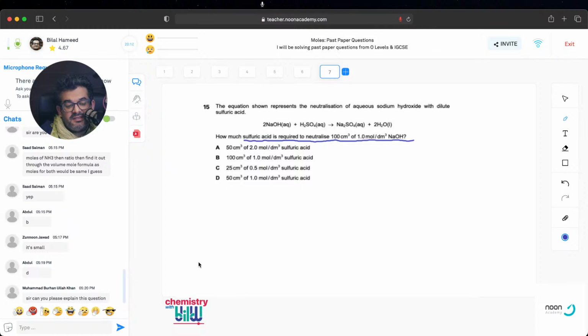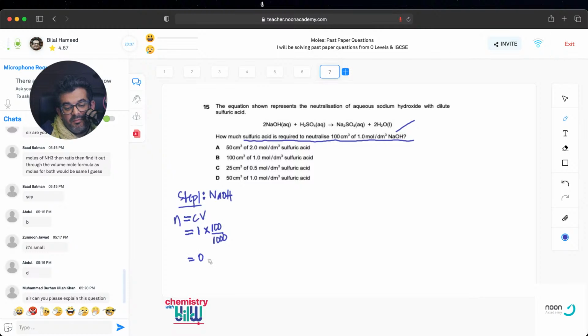So Burhan, this is the same way as we've been doing previous questions. Step 1 is you find the moles of NaOH. n equals CV. Number of moles of NaOH is 1 times 100 over 1000. This is the known, NaOH.